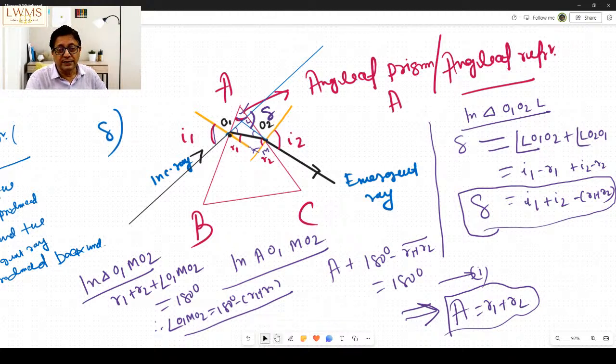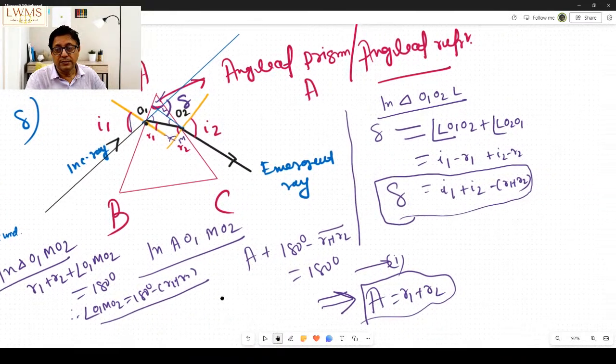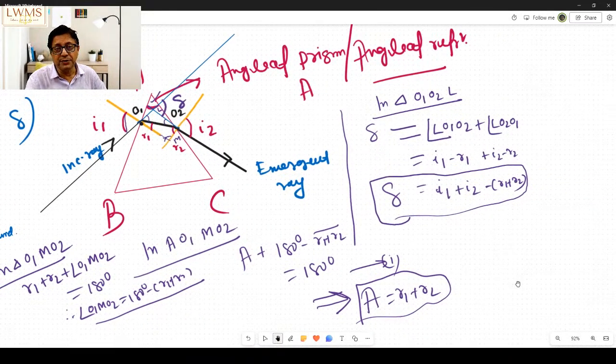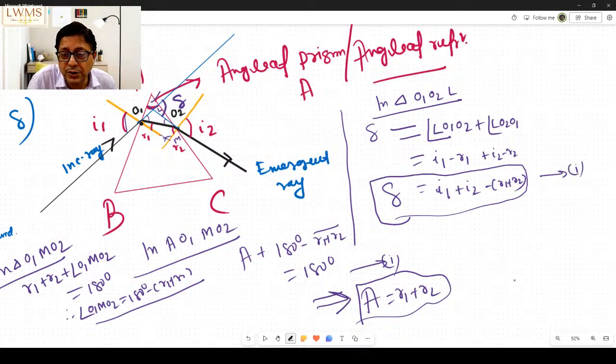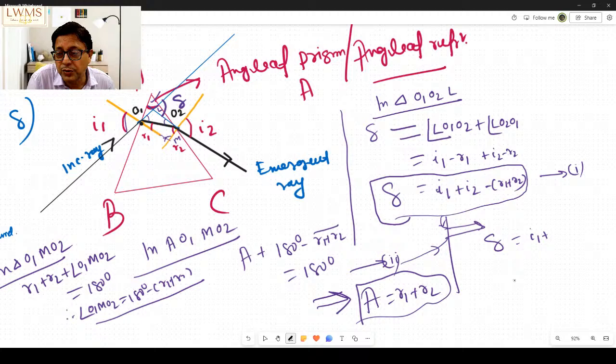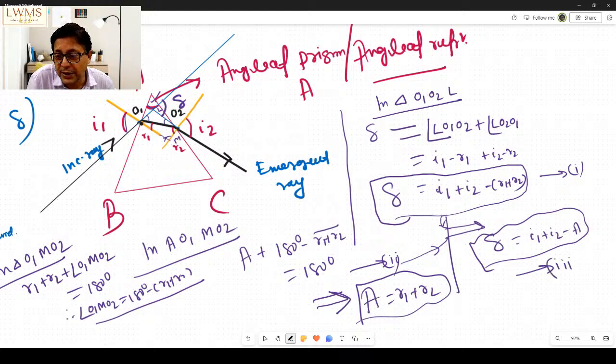What about delta? This delta we are going to write. We got A equal to R1 plus R2. This you take 1 and this one 2. So from these two relations, from this one and this one, this implies that delta equal to I1 plus I2 minus A. Number 3.